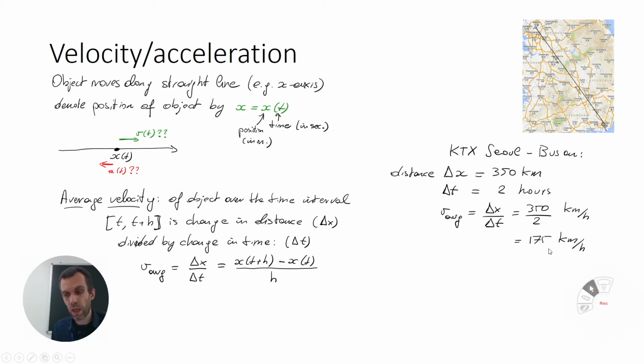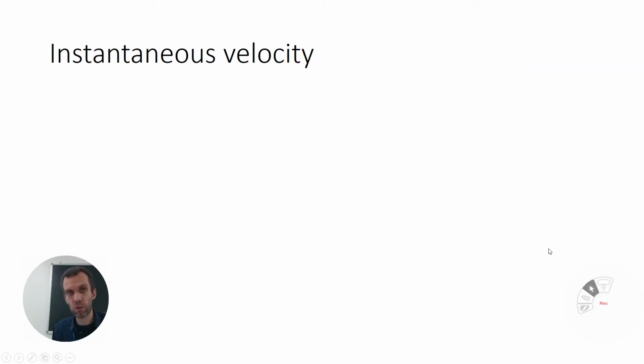So now that we have the average velocity, we can also talk about the instantaneous velocity, and that is the velocity at a given point in time. And in order to define that, what we're going to do is take the average velocity, but make the time interval smaller and smaller.